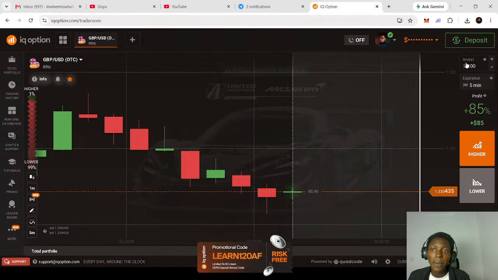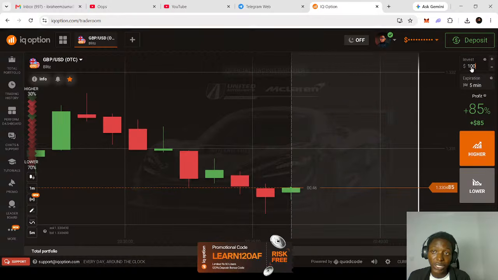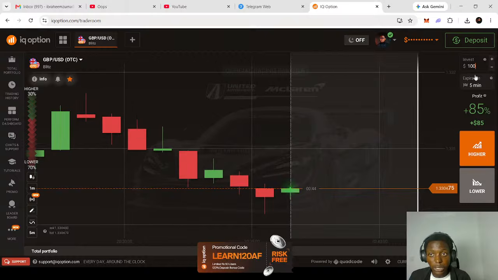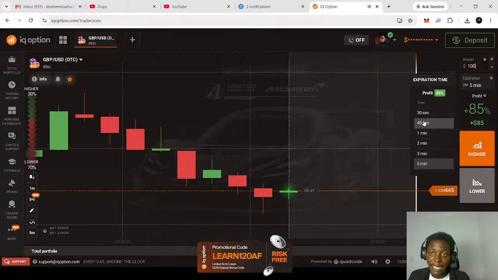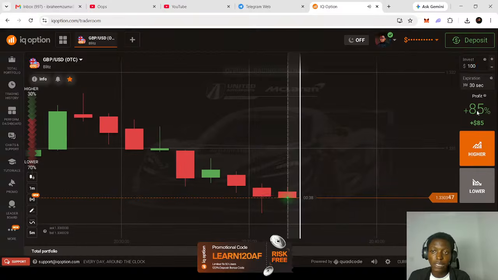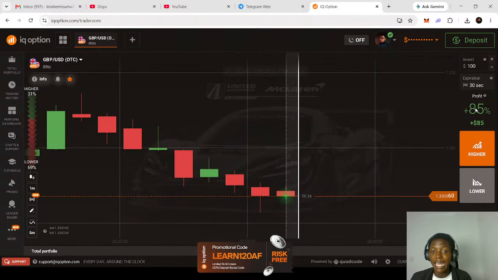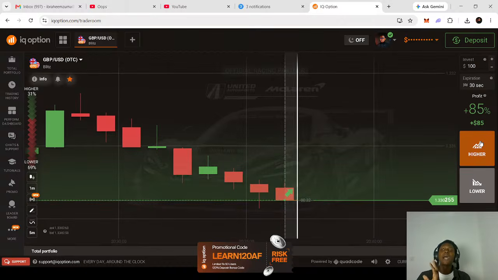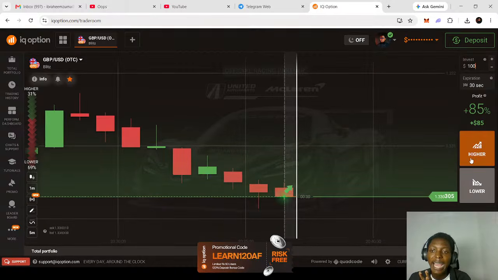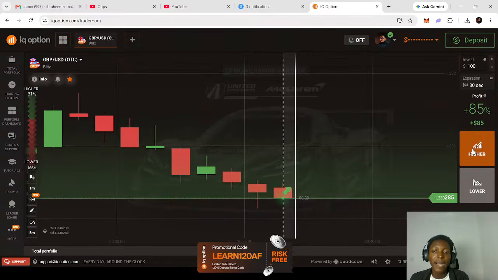Now you have here where you will put how much money you would be trading with, which is $100, and you have an expiration time, which is 30 seconds, depending on what your strategy is and what the opportunity at that moment is. So we have a higher and a lower. Higher means a buy position.